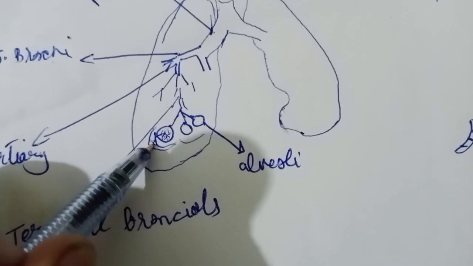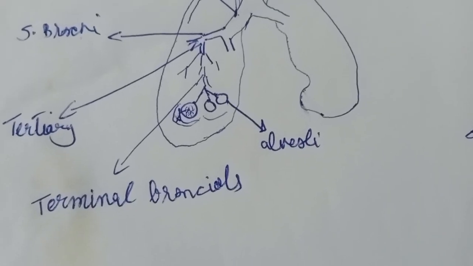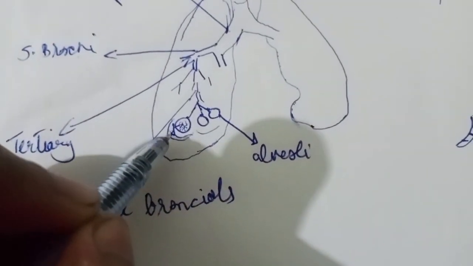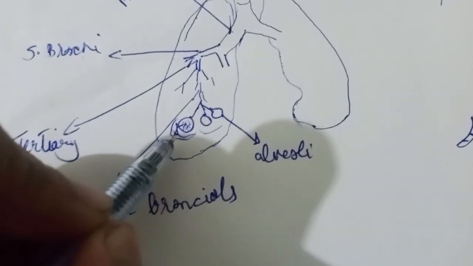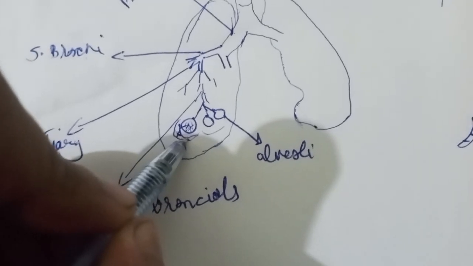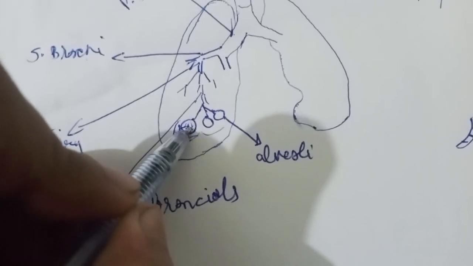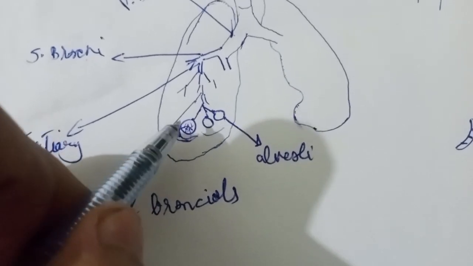to the blood capillaries, and the concentration of carbon dioxide in the blood capillaries is larger than in the alveoli. So the carbon dioxide will also move from the blood capillaries to the alveoli, moving from higher concentration to lower concentration.